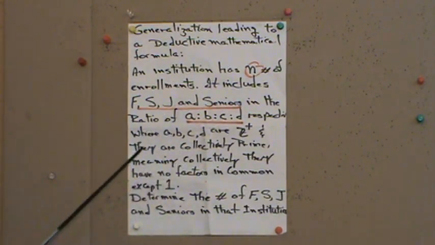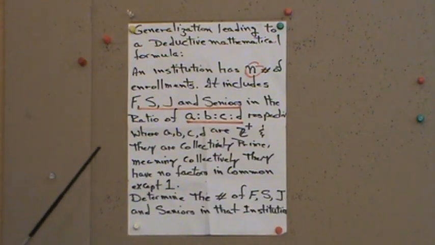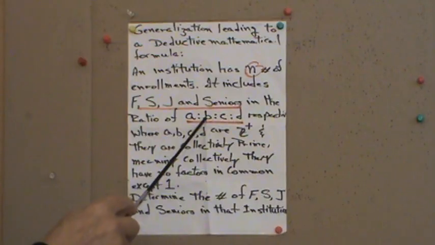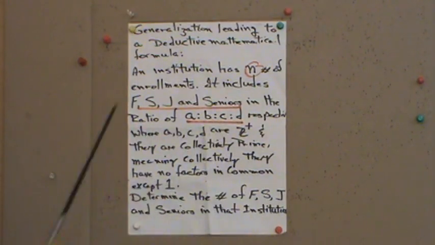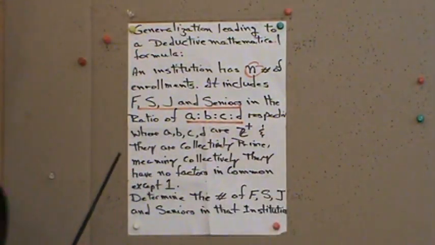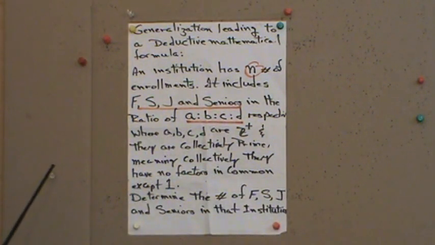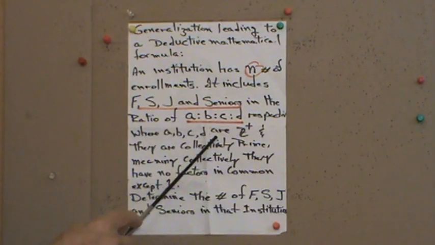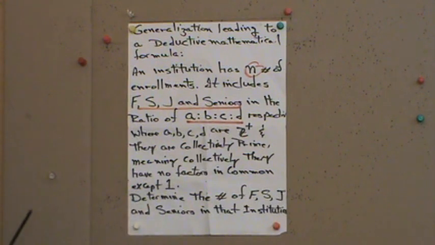It includes freshman, sophomore, junior, and senior in the ratio of A to B to C to D. I didn't write 4 to 3 to 2 to 1, but I'm generalizing the same problem, respectively. Where A, B, C, and D are positive integers. That's an important thing to notice.